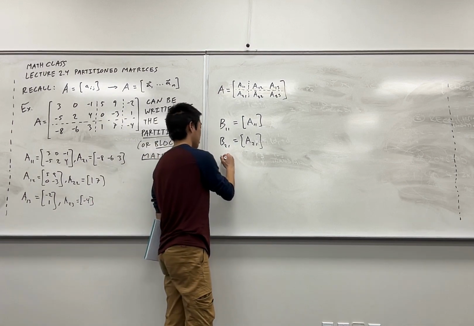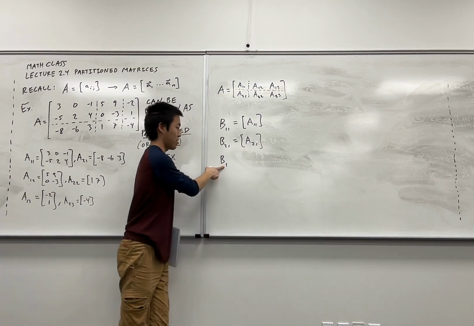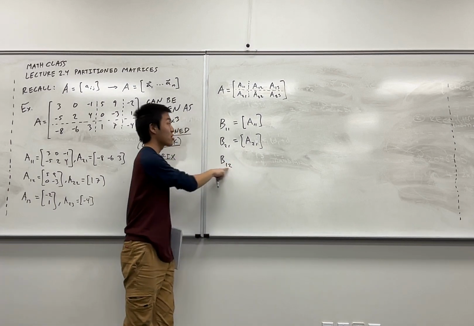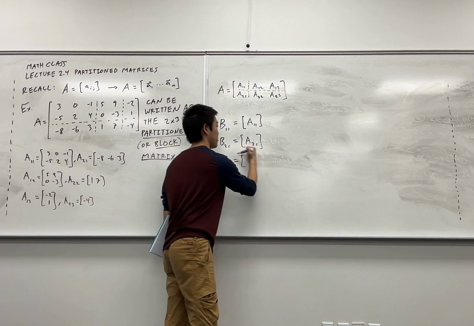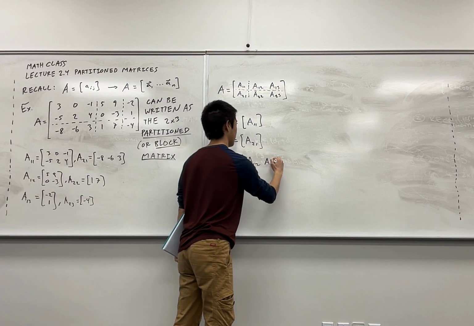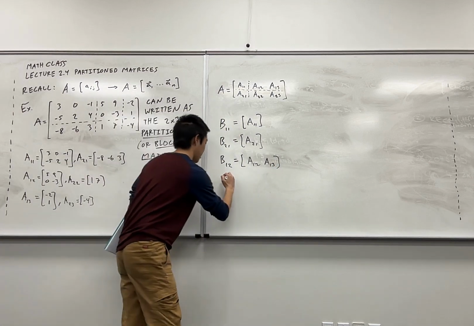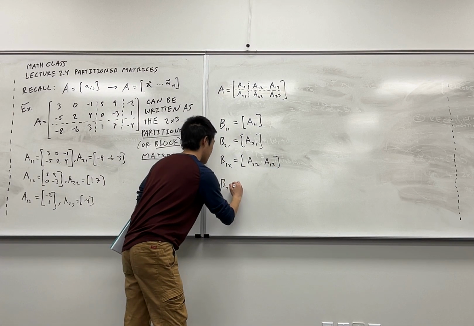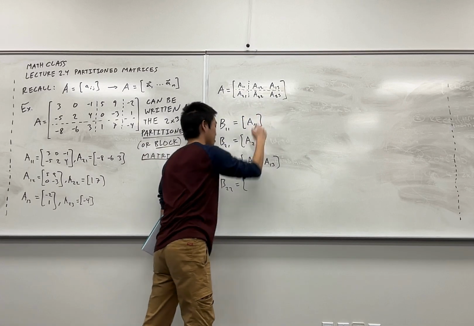And now if I want this one, in the first row and second column, this is actually a bigger submatrix, right? Because I need to fit A12 next to A13. And for the second row and the second column, I need to fit A22 and A23 next to each other.